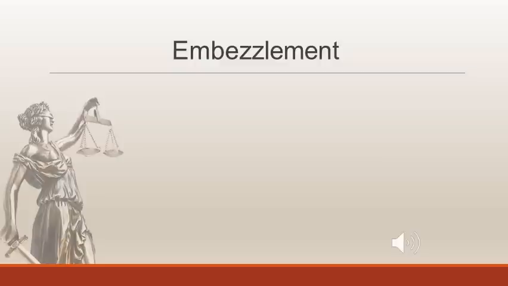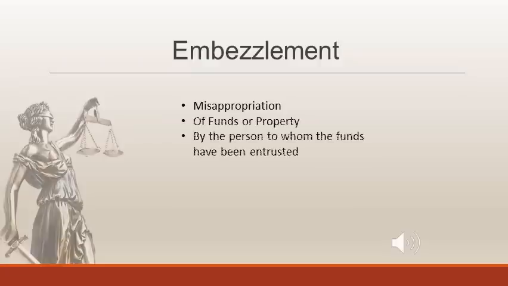The first of the white-collar crimes is embezzlement. The elements for embezzlement are the misappropriation of funds or property by the person to whom the funds have been entrusted. Anybody ever have to take one of those bank bags to the bank after a long day at work, and you've been tasked with putting the money into the little bag and then delivering it to the bank?